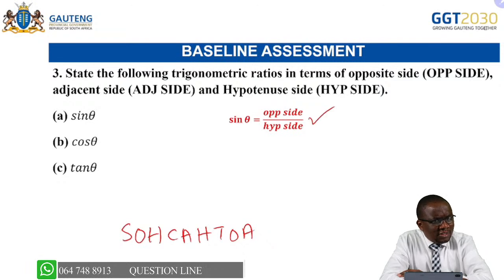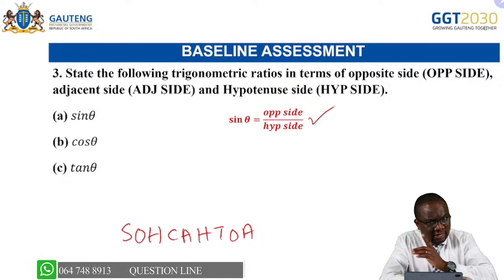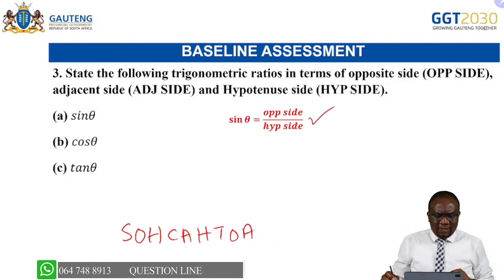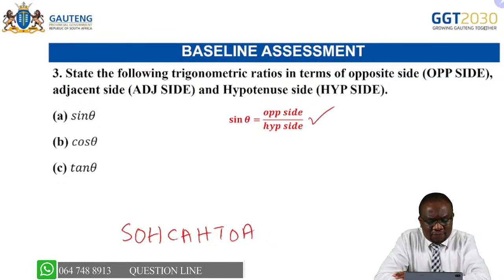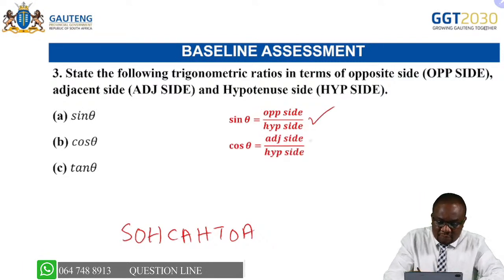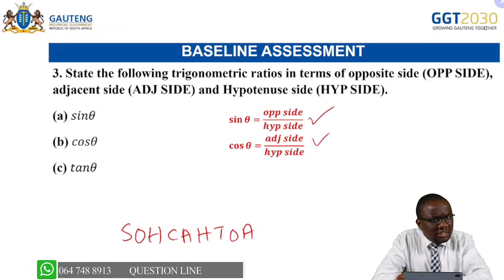If sine theta is opposite side over hypotenuse side, what do you think the reciprocal will be? I'm going to ask you later. Remember that. Cos theta is adjacent side over hypotenuse side. Mark that. What do you think the reciprocal is going to be?